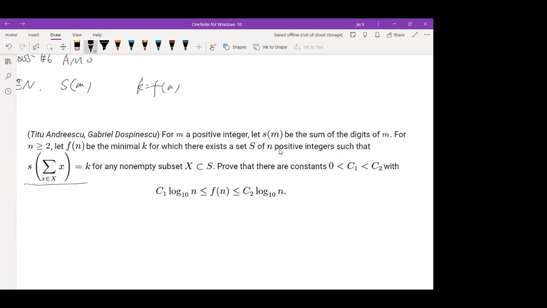It has an element, and then you have the sum of those digits equal, and you want this digit sum to be as small as possible, less than log n times a constant. So you want to show the digit sum is on the order of log n.